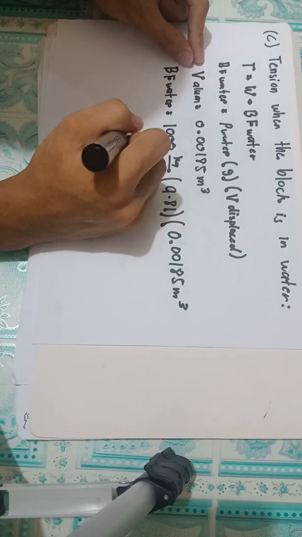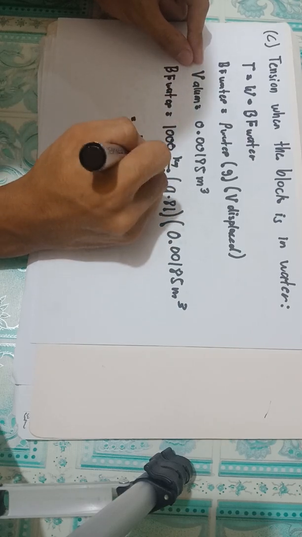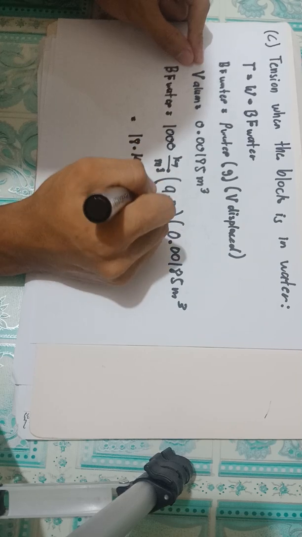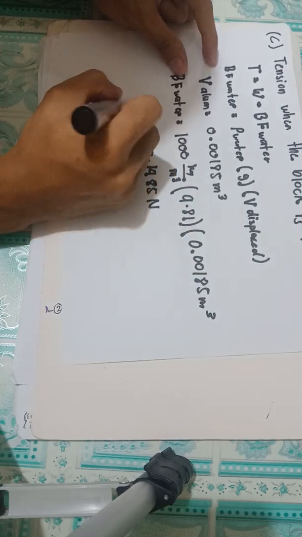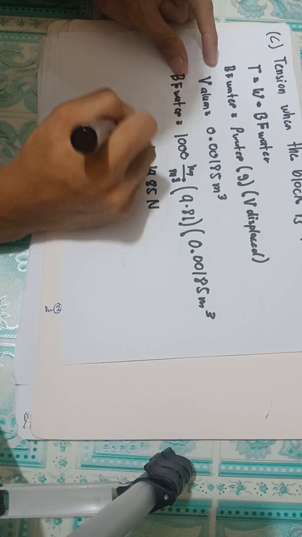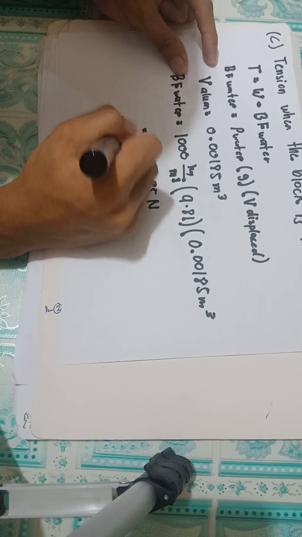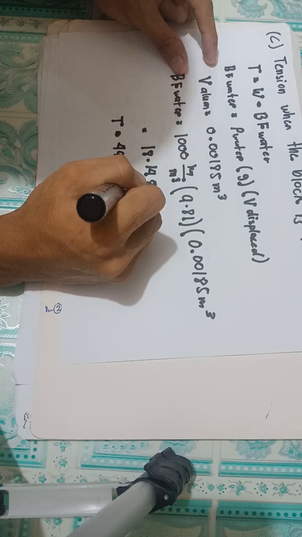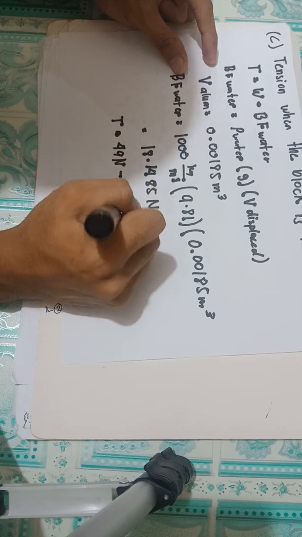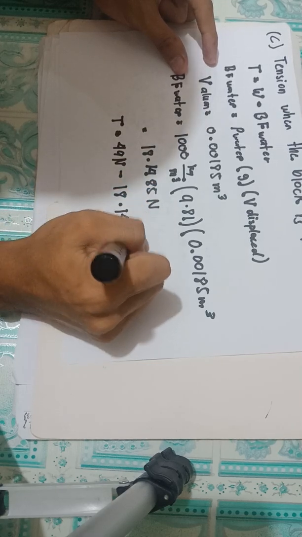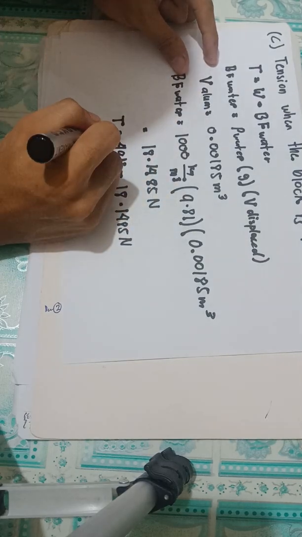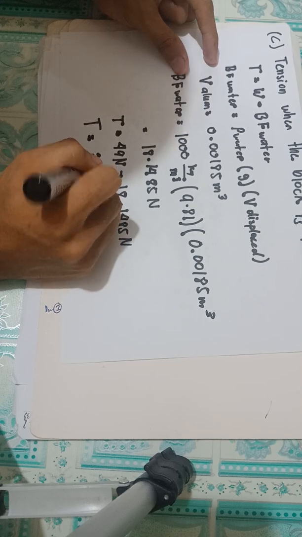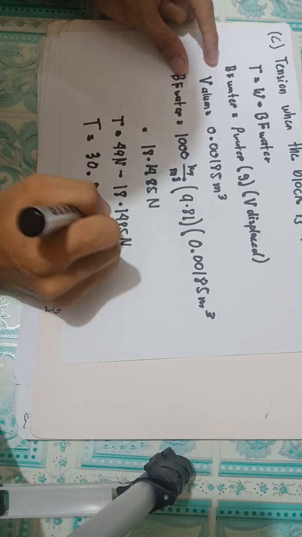This will be equal to 18.1485 Newton. And we subtract this from the original tension, 18.1485. So the tension if the block is in water will be 30.8515 Newton.